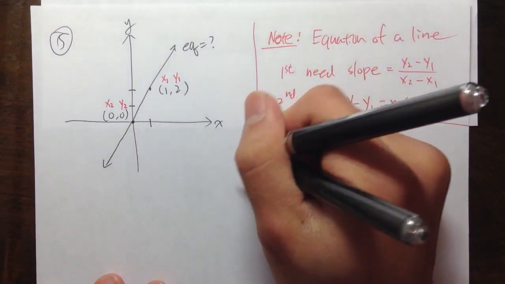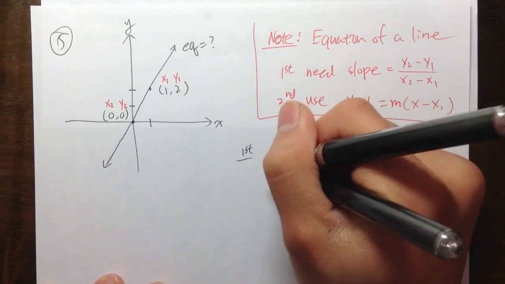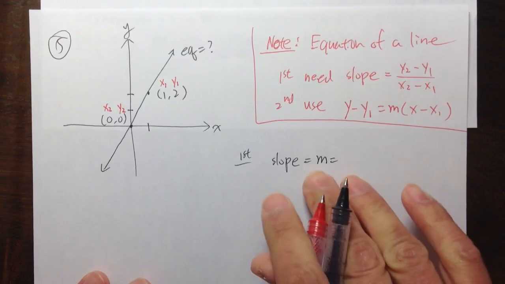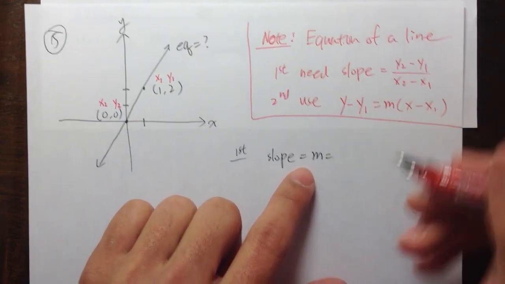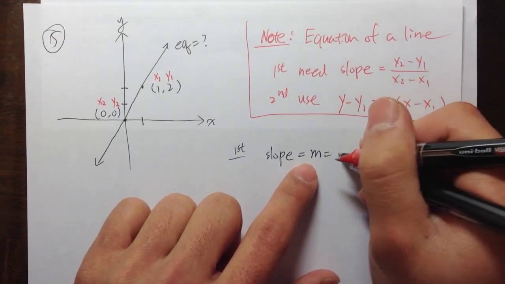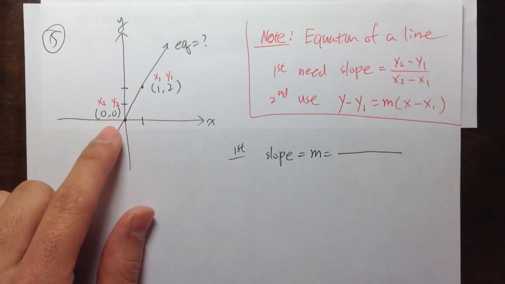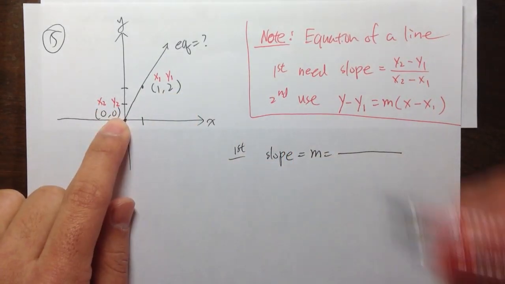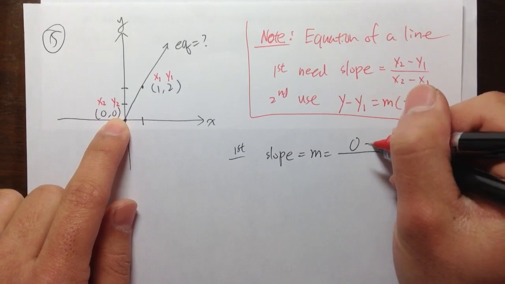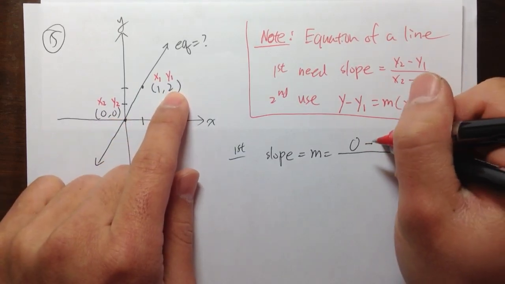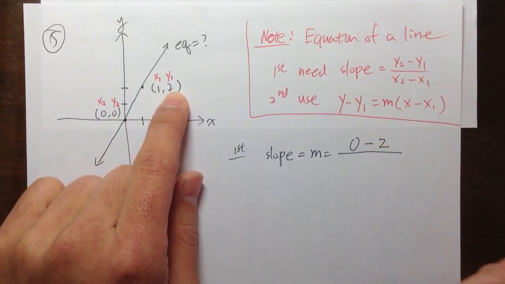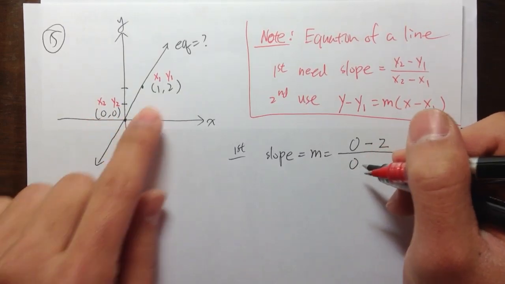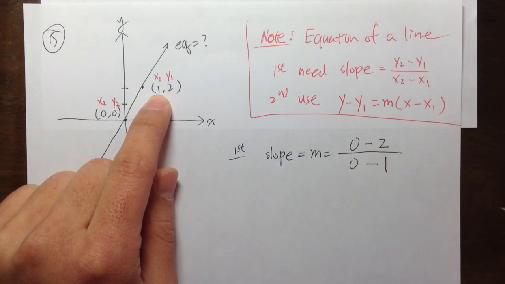So first, slope. Slope is denoted by the letter m. And we have y2 minus y1, so we have 0 minus 2. y2 is 0 minus y1 is 2. And then over x2, which is 0, minus x1, which is 1.